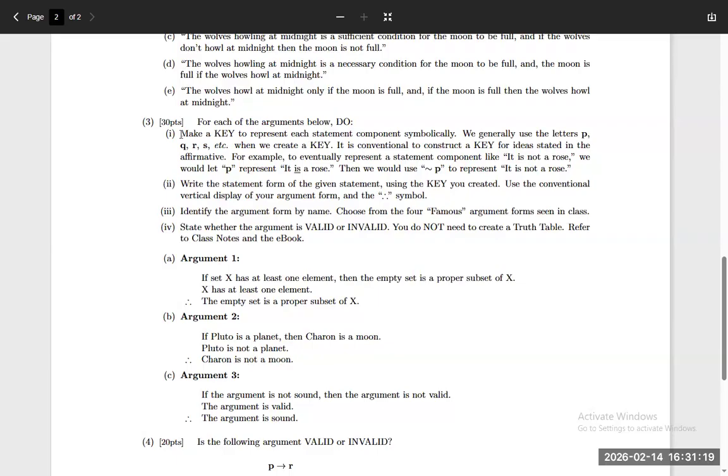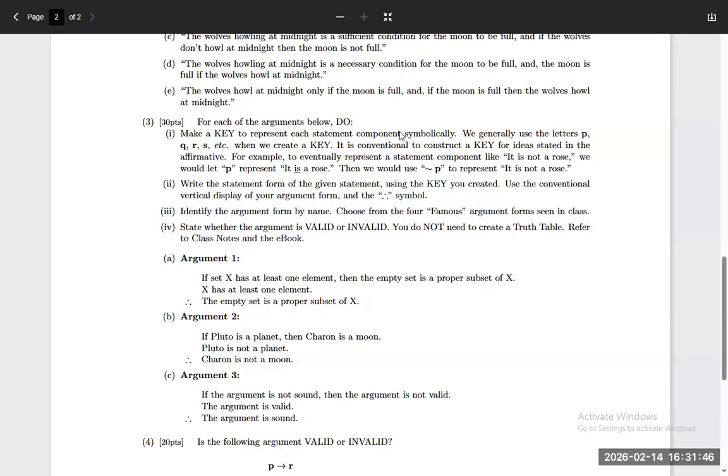All right, so let's break it down. Make a key. Is that okay? Yes. To represent. Is that okay? Yes. Each statement component. Is that where you got stuck? I would say component, yeah. I would say maybe make a key to represent each statement symbolically would have been okay.